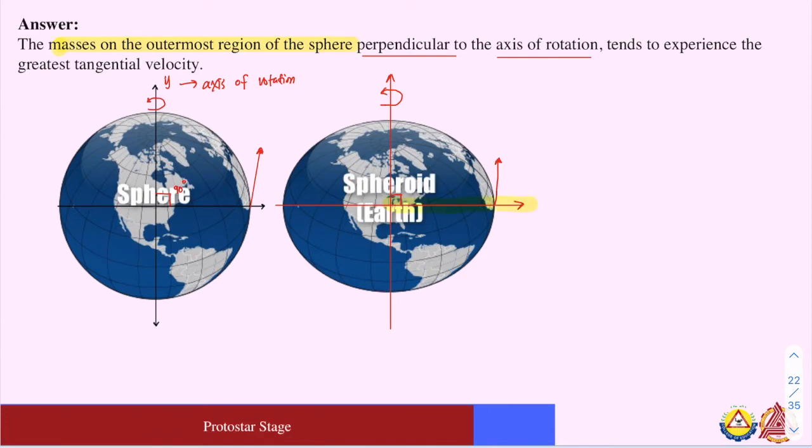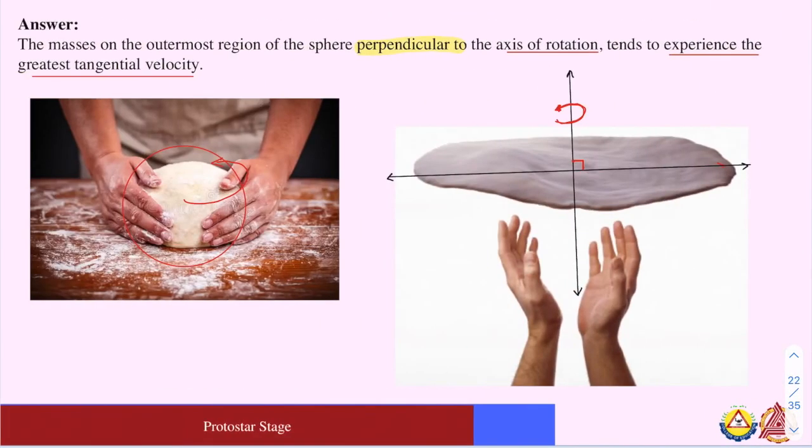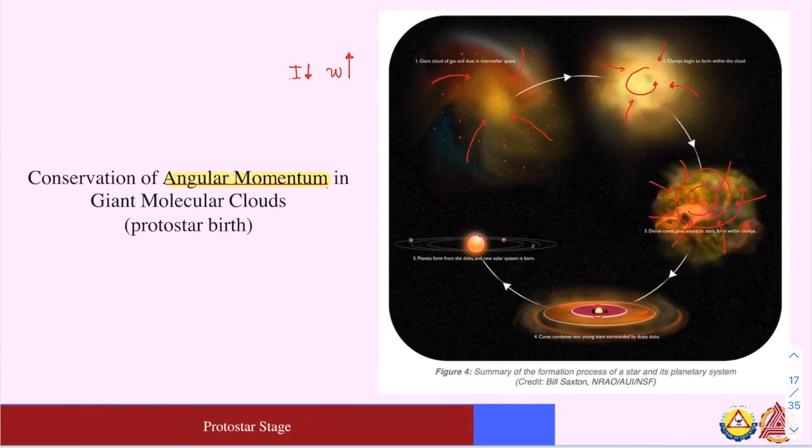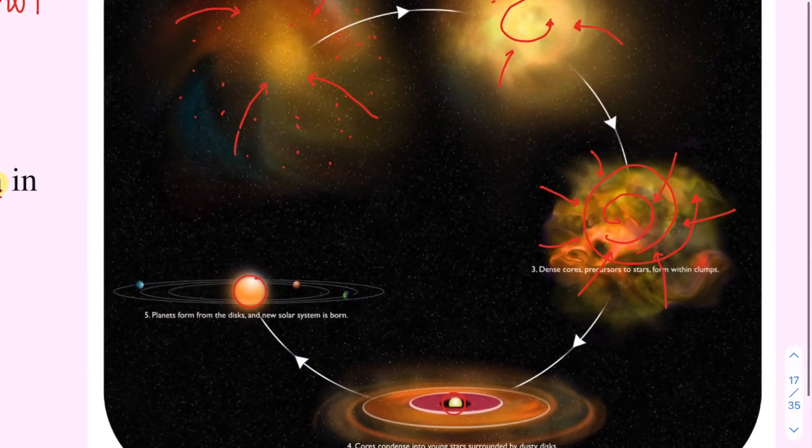Okay, so this helps us answer why, when you look at your protostar development, of course, if we assume that this is the axis of rotation of your star, your protostar, but it is not yet a star, no? It is still a protostar, because it has not yet reached the main sequence stage where it fuses helium from 2 protons.